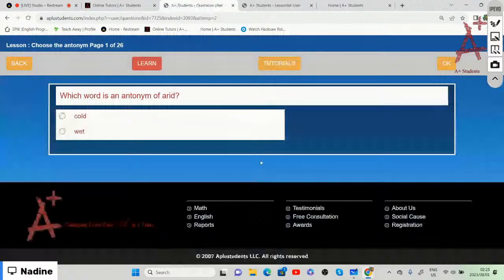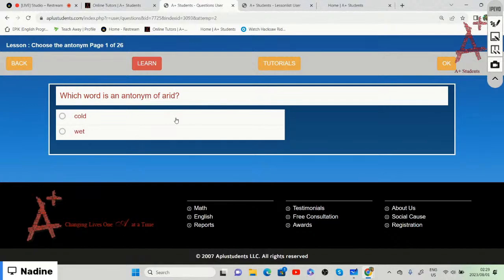If we choose the opposite in meaning of arid, the meaning of arid is having little or no rain, too dry, too barren to support vegetation.